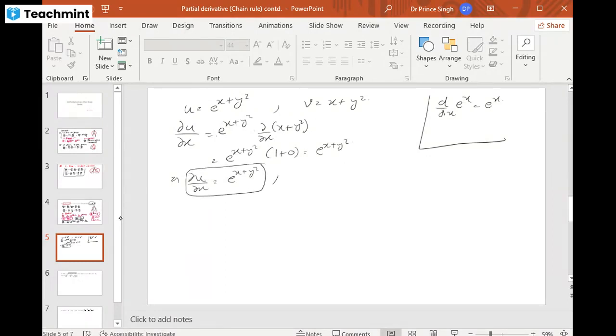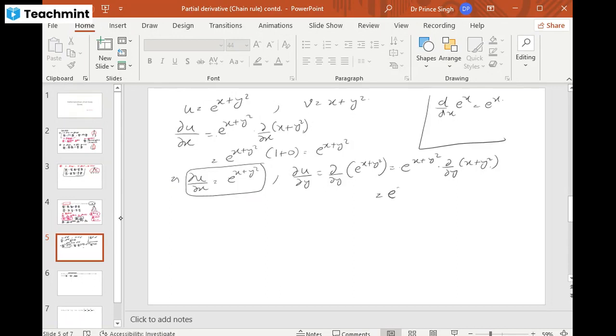Next is the derivative of u with respect to y. So again, ∂/∂y of e^(x+y²). Again, it is a composition of functions. Firstly, the derivative of the exponential function is exponential, and then the derivative of x+y² with respect to y. When we differentiate with respect to y, then x is treated as a constant.